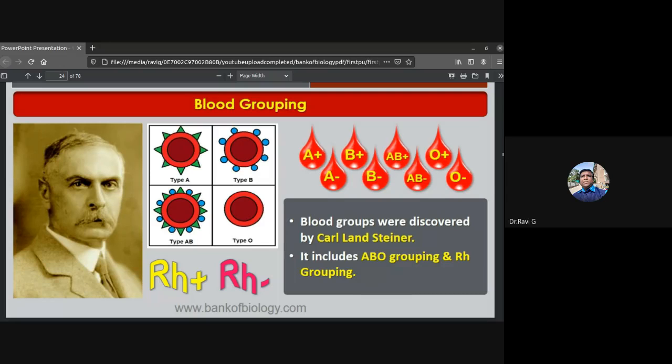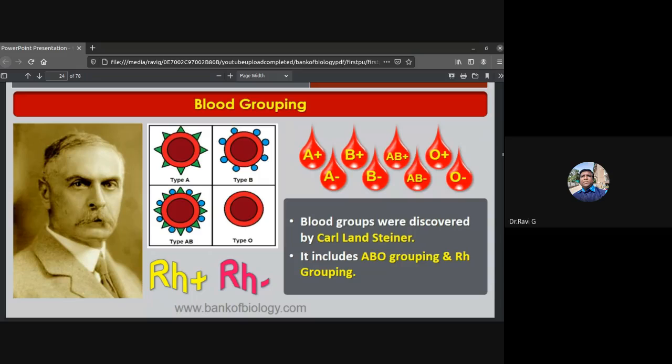So O positive, to be very precise, O negative blood group is the most efficient donor, the best donor that you can have. See, the O blood group is a universal donor. AB blood group is a universal recipient, receiver.